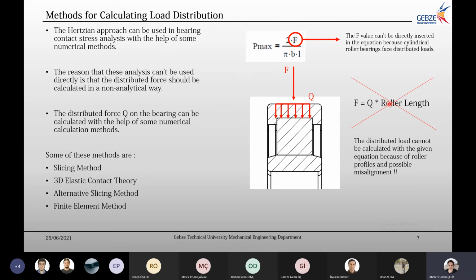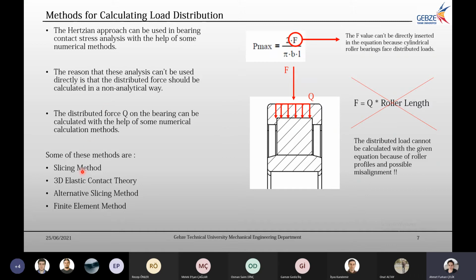That's why we can't just use this formula to write the F or Q, because rollers also have different profiles on their contact areas. That's why I need a method to calculate the load distribution here, so I can find Q. Then I can put it in the pressure calculations. Then I can calculate the life result. Actually, this is just the broad summary of my project.